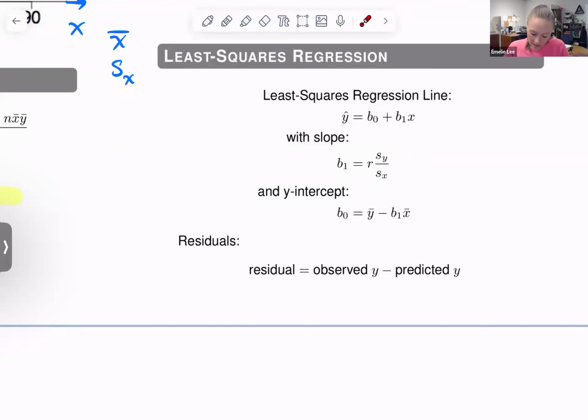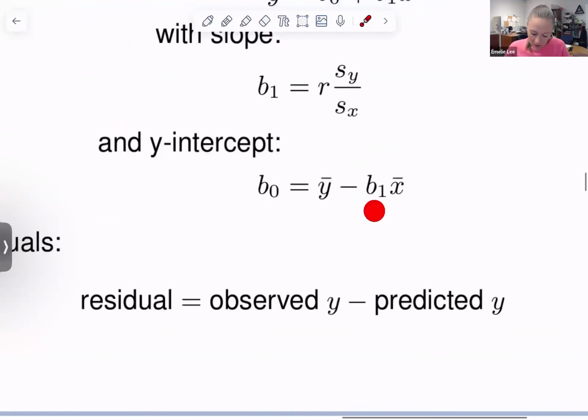Okay? And then the y-intercept, b naught, relies on the slope. And so it's a little bit backwards feeling, but then you look at the formula for the intercept and you see, okay, I need the slope, so obviously I need to find it first. And that's why it's listed this way on your formula sheet. Okay, and so B1 goes in here, and once you've found it, then you can find the y-intercept.